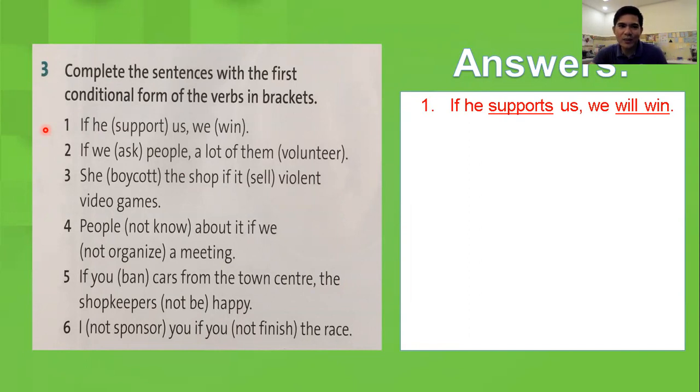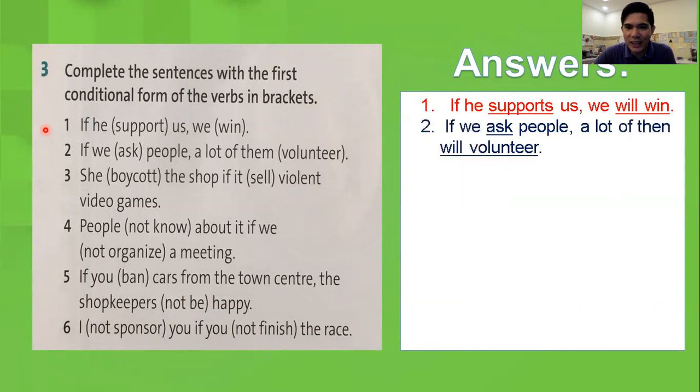All right, let's go to number 2. If we, the verb is ask people, a lot of them, the verb is volunteer. The answer is, if we ask people, a lot of them will volunteer. So number 1 and number 2, situation first, then the result.